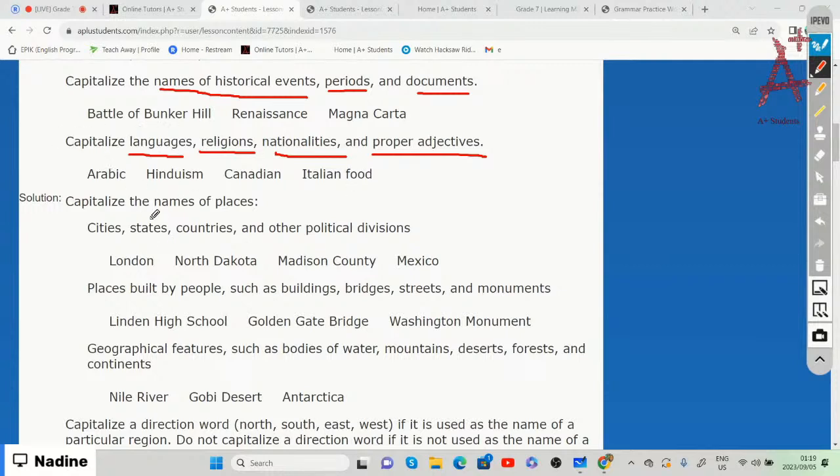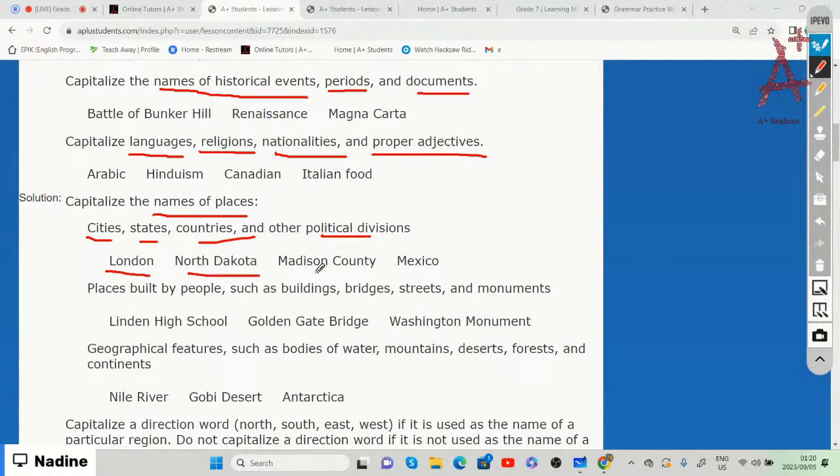We also capitalize names of places. This is where the proper nouns come in. Names of places, names of cities, states, countries, and other political divisions. We capitalize it, right? So if you say I'm from London, London is written with a capital letter.